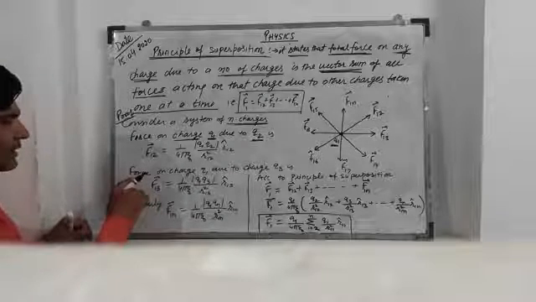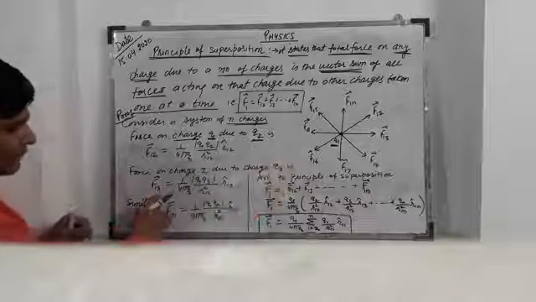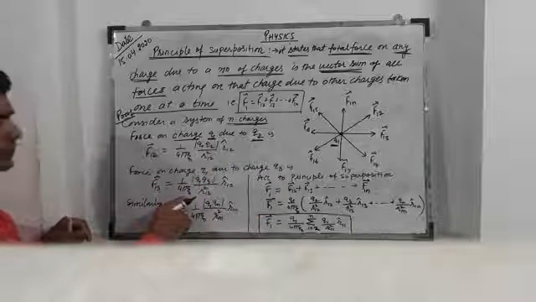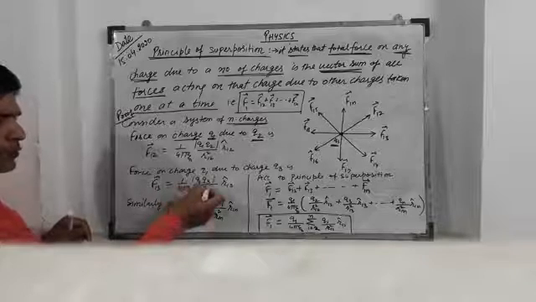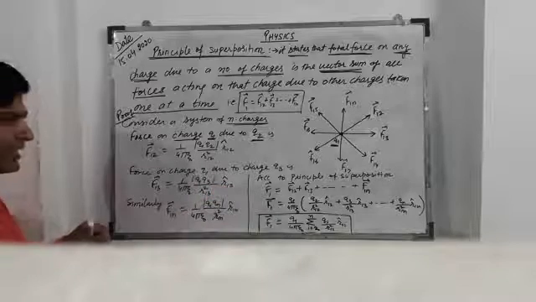Similarly, F13 is equal to 1 upon 4 pi epsilon naught Q1 Q3 upon R13 square, R13 unit vector.